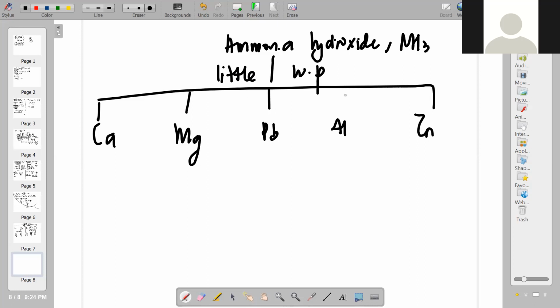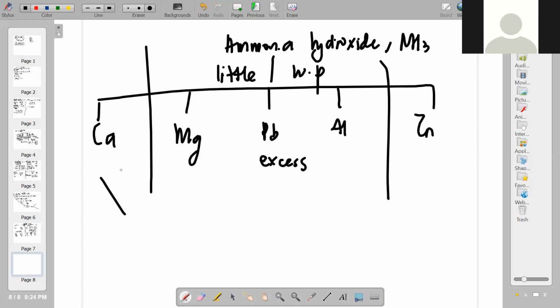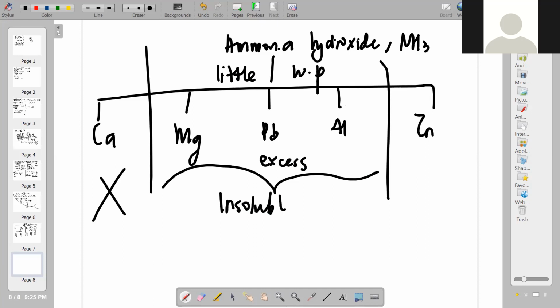Okay, all, because I put a little. Then when teacher put in excess ammonia, teacher cut this way, look. Calcium doesn't form any precipitate at all. And then magnesium, lead, and aluminium, they are insoluble, which means to say, here I have a lot of ammonia, but there is still a precipitate. Okay, but look at zinc. Zinc is soluble.